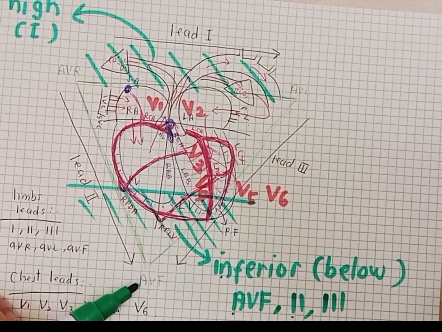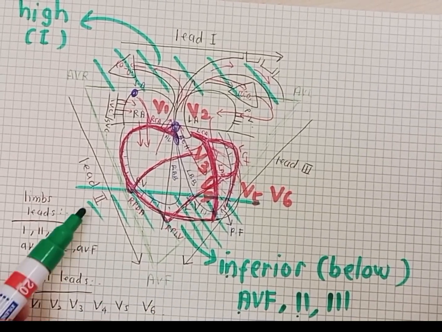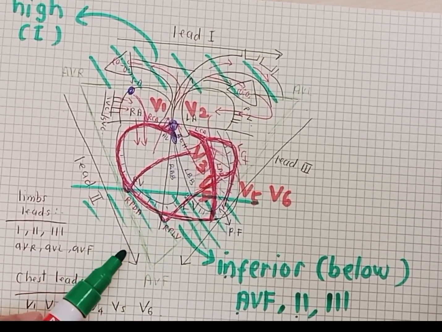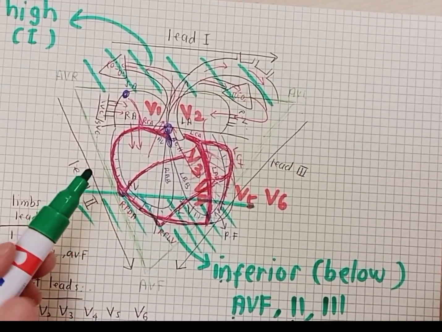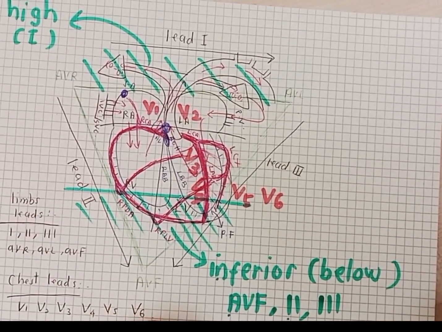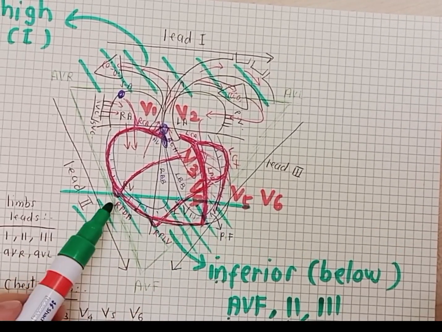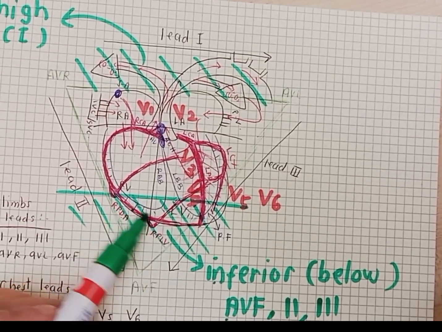Lead 2 is going down to the inferior, lead 3 is going down to the inferior. The artery that covers the inferior leads is the RCA, right coronary artery, which supplies oxygenated blood to the inferior part of the heart.